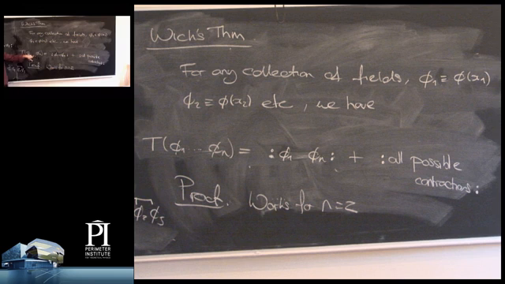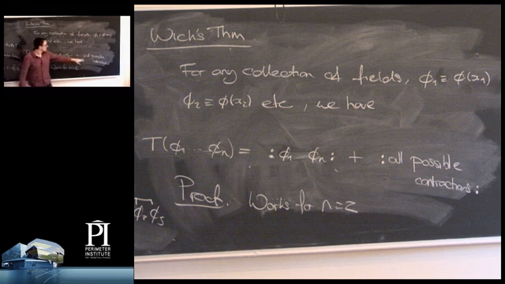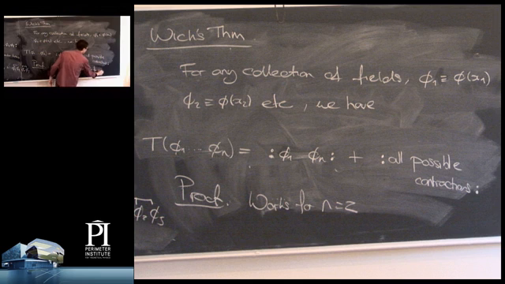The difference between the time-ordered product of 2 operators and the normal-ordered product of 2 operators is the contraction between those 2 operators, which is the Feynman propagator. So it works for n equals 2, and then the proof just follows by induction for n greater than 2. So assume it works for n, and prove it works for n plus 1.